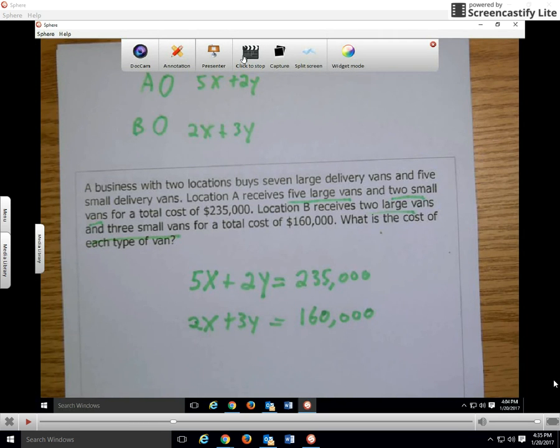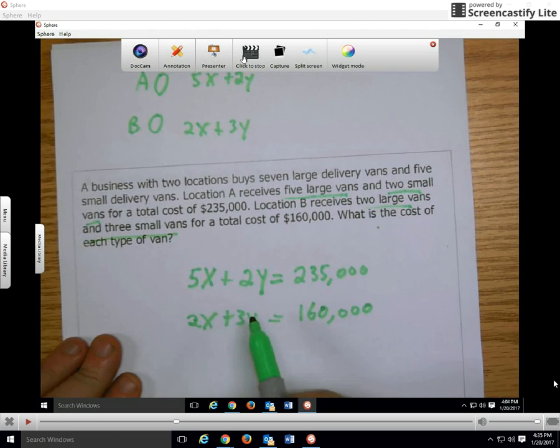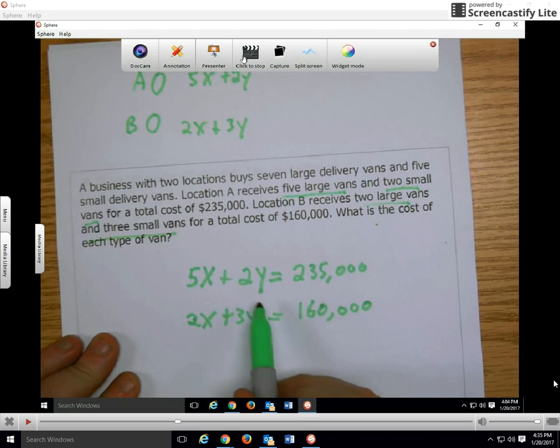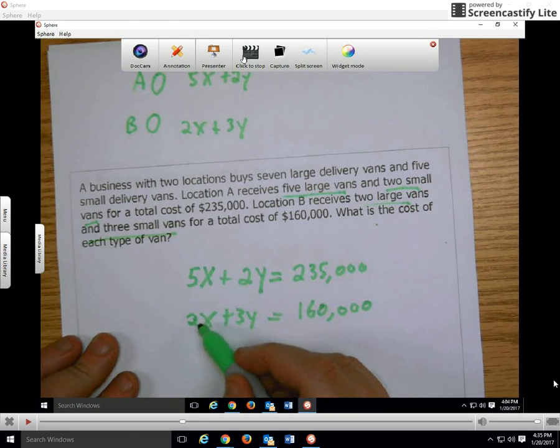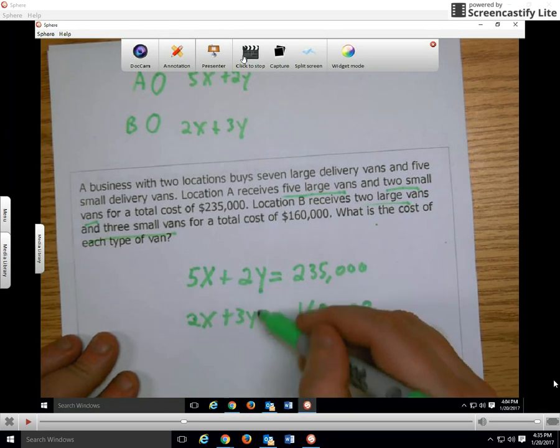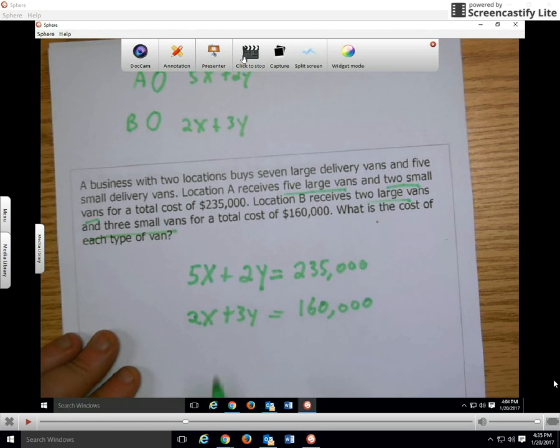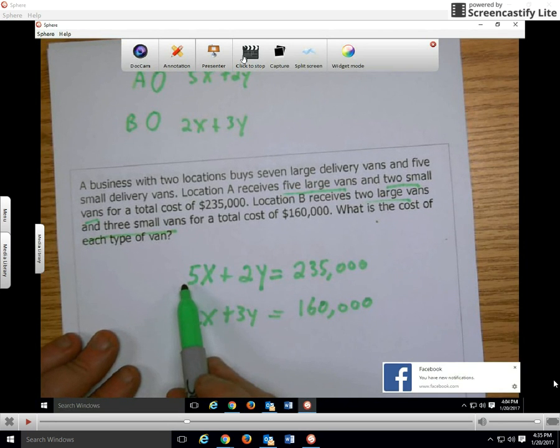Now the reason this is an important one to do is because notice that I can't just eliminate. They're not opposites. This is a positive 5y. This is not a negative 5y. So I can't just go down. And I can't multiply by any one number without using a fraction to make sure that these would be the same.